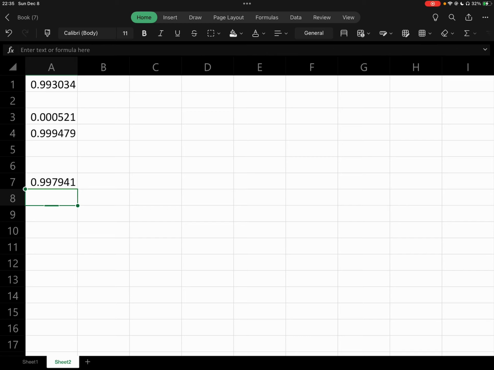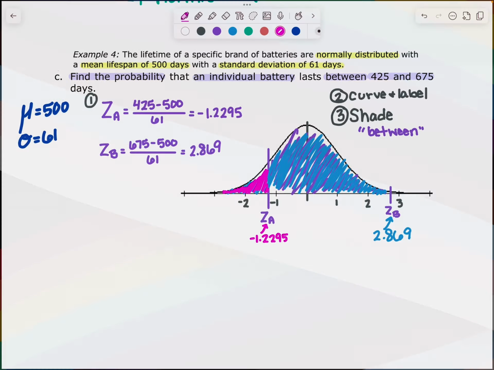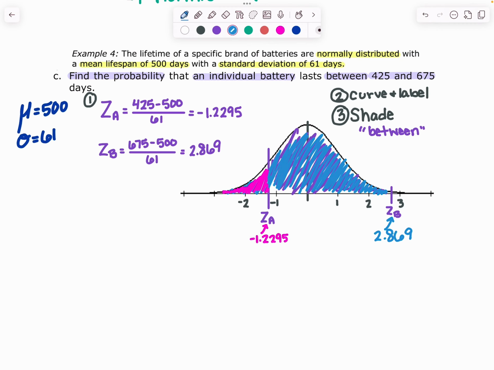Okay, so that is the region in blue. So everything in blue less than 2.869, that probability is 0.9979. But again, that includes this region here. I don't want that region.